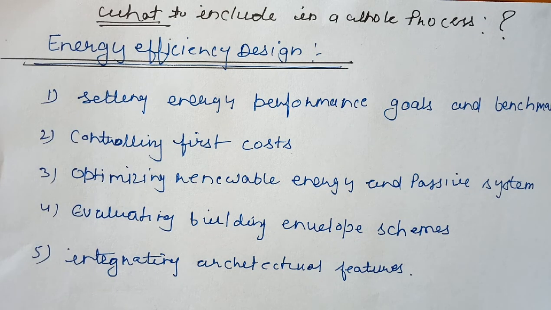We set some energy goals, and we control our cost in the project. We optimize renewable energy and passive systems, and find the easiest and possible way to do the passive system. And we evaluate the building envelope scheme, and then integrate architectural features in our design.